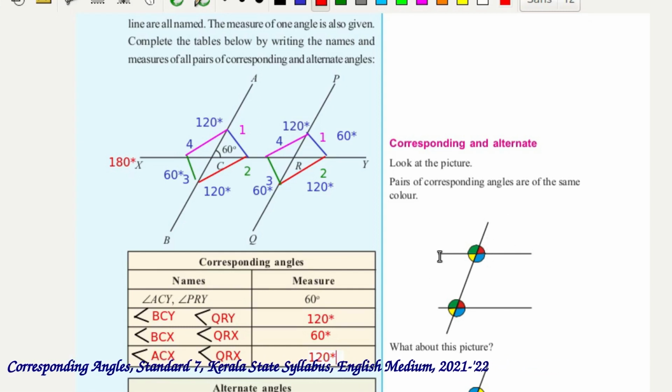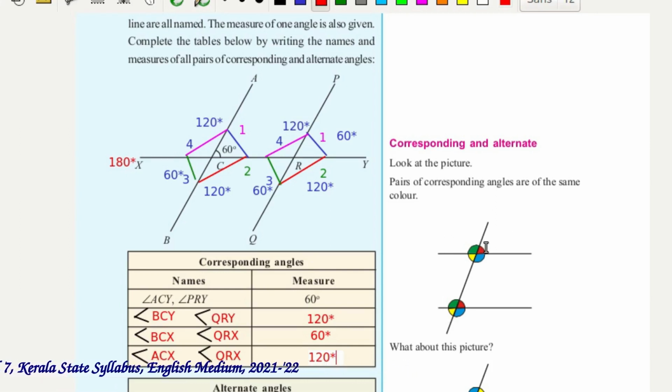Here you can see 4 pairs of corresponding angles are given. This one, in red, is the first: these two angles are pair of corresponding angles number 1.